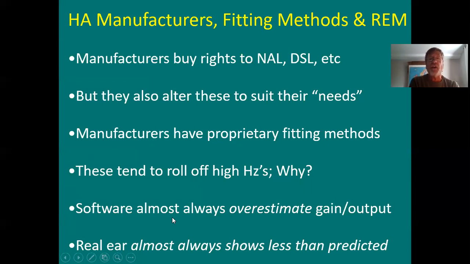Software, bottom line here, almost always overestimates the gain and output from the hearing aid. Real ear almost always shows less than predicted. And you know why? It's really because manufacturer software, let's forgive them a little bit, is predicting.